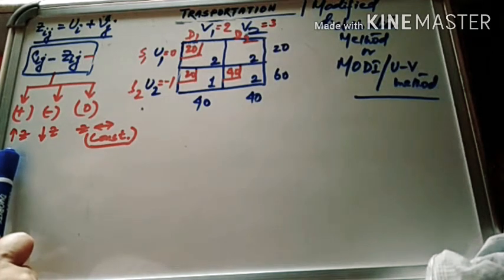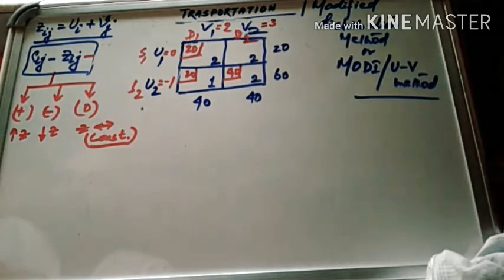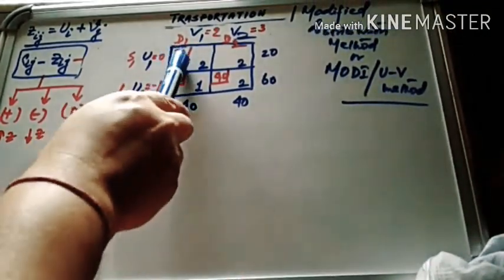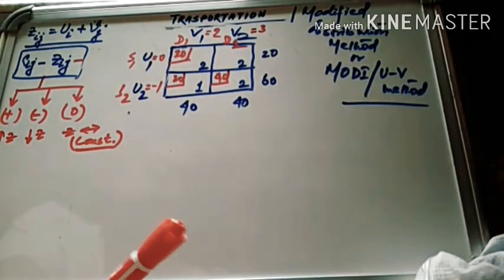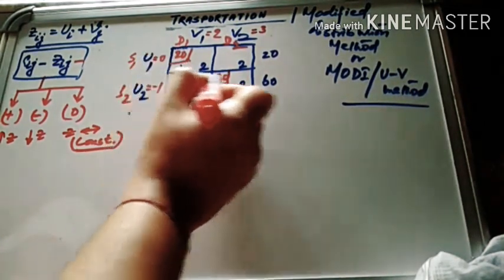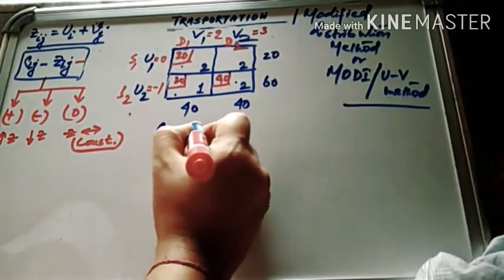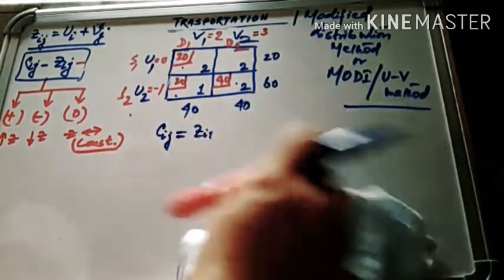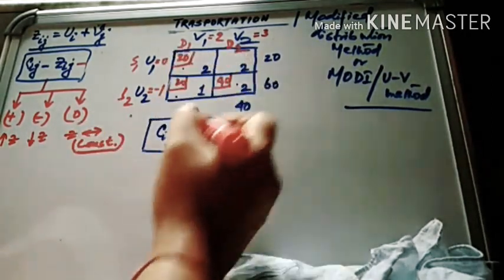Now we have to calculate the Zij value. For an allocated cell, the Zij value and the Cij value remain the same.